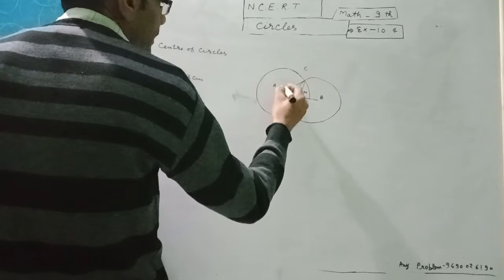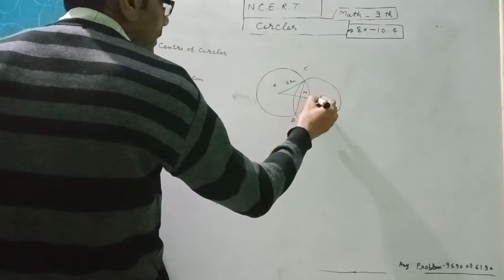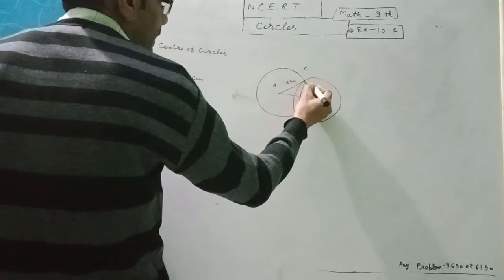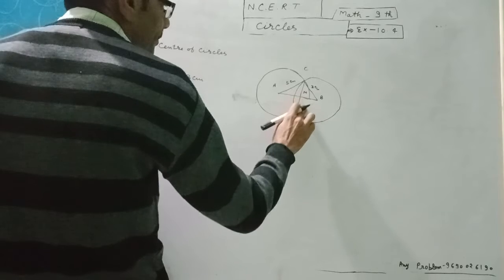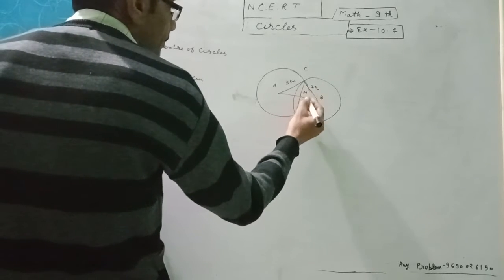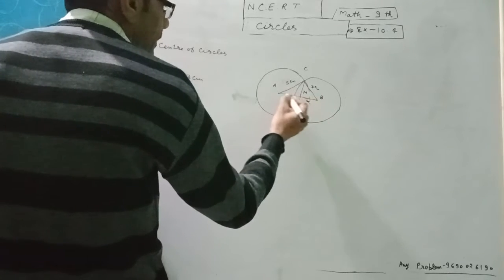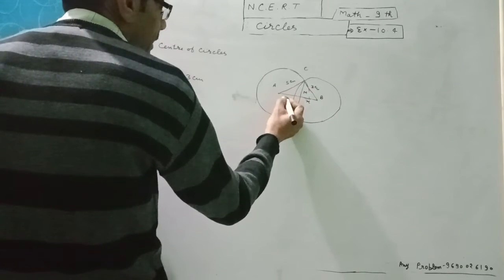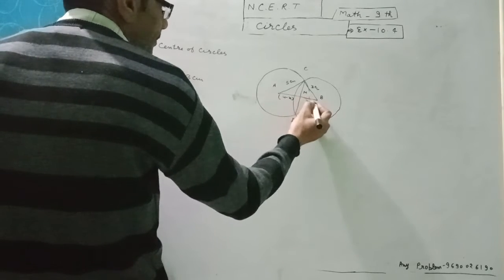That is, 5 cm and 3 cm. Let BM be equal to x, then AM is equal to 4 minus x.